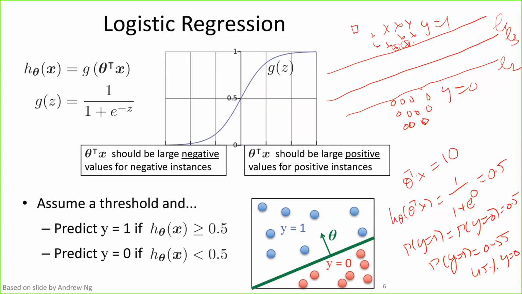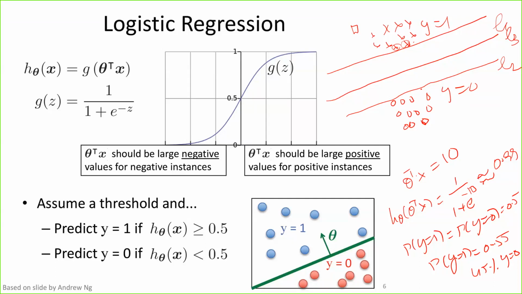If this is 10, what would be the hypothesis output? E to the power minus 10, so this is close to 1, some 0.99, let's say. It means you have 99% confidence that this point belongs to class 1 and only some 0.01 probability that it belongs to class 0, right?